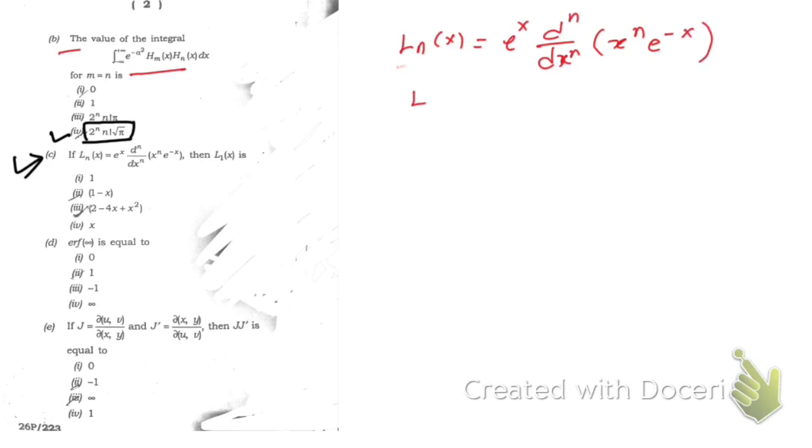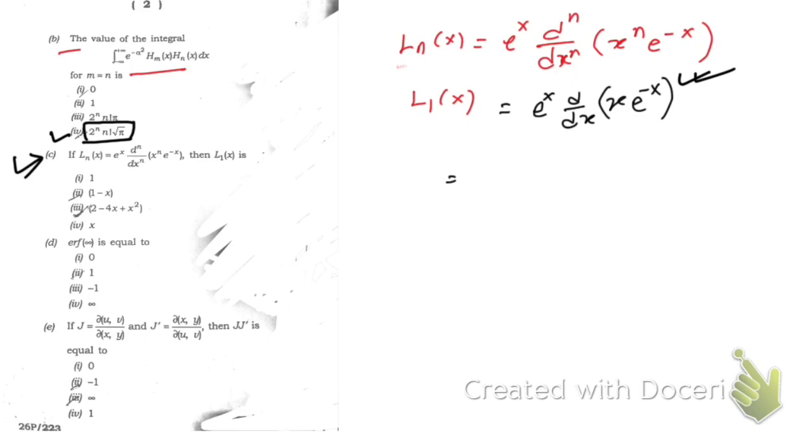We need to find L1 of x. It is very easy. The formula is already given in the question. Just put n is equal to 1. Then you're going to have e to the power x, first order derivative instead of nth order, then x to the power 1, which means simply x, e to the power minus x.